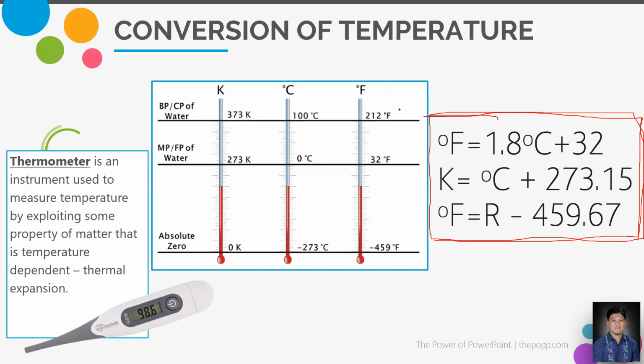So using these three equations, mamimili tayo dito kung which is applicable for the conversion of unit. So kung ano yung given and ano yung hinahanap natin, mamimili tayo kung ano yung gagamitin natin na appropriate equation. Okay?